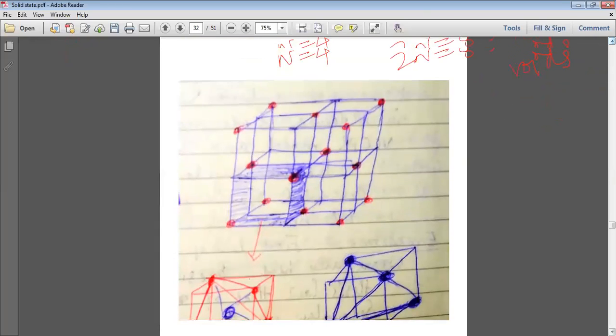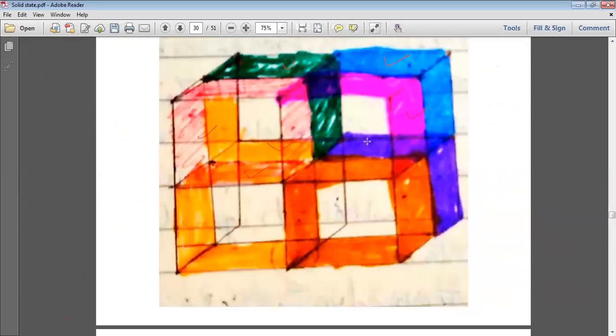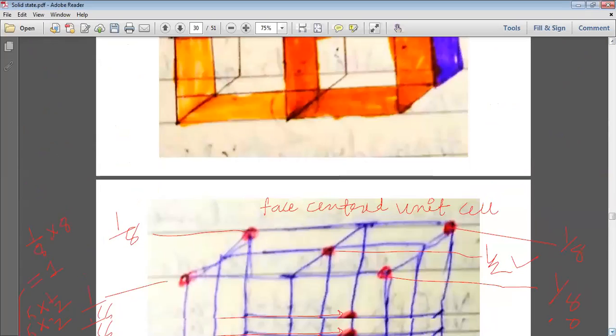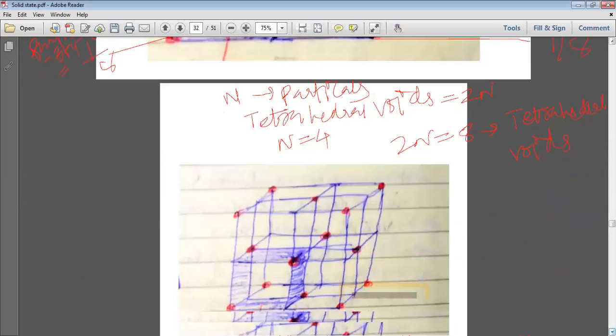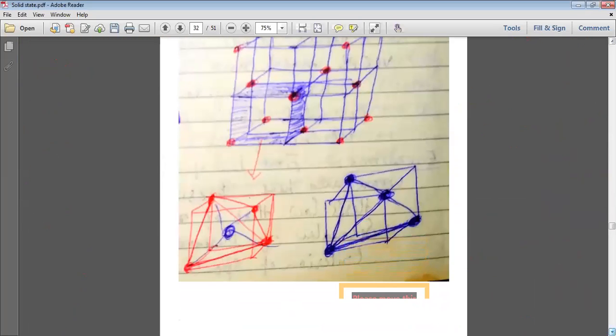I have already shown you that in a face-centered cubic cell, we have 8 smaller regions available. You can see this is 1, 2, 3 and 4, and then below 5, 6, 7 and 8. So we have a total of 8 regions where we can find the tetrahedral void. You can even see here in one region which I have shaded, where we can get the tetrahedral void.